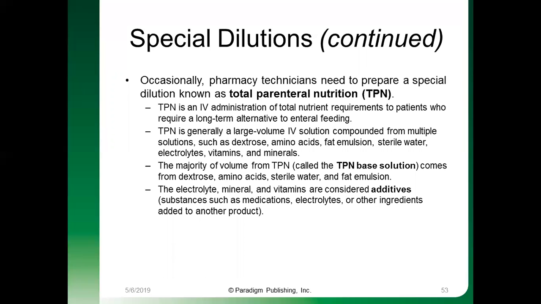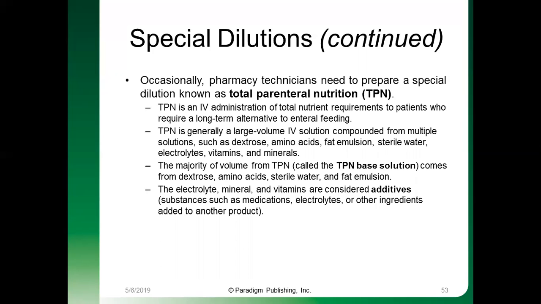So these are patients that cannot take food, are having a hard time swallowing, perhaps they're in a coma, or just the route of taking food by mouth is not available. So they have to take all their nutrition through an IV route.